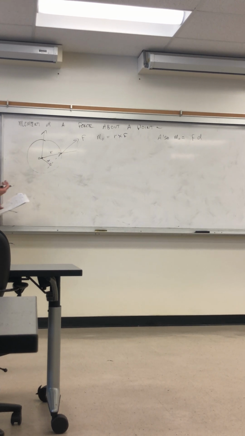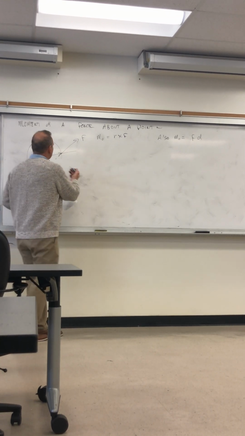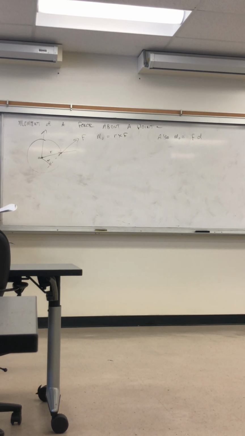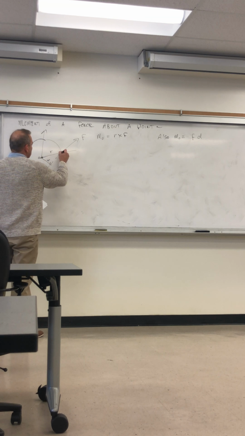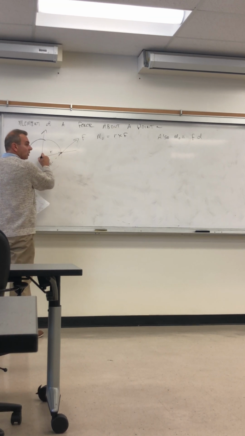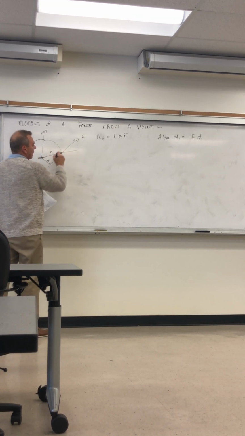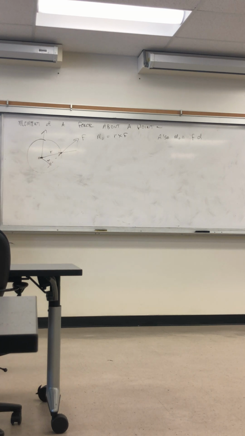But in terms of this cross product, you don't need to have that perpendicular distance. It automatically corrects for that. So you just have a force multiplied by the distance between the point you want the moment about and the application point of the force. That's where the cross product is.